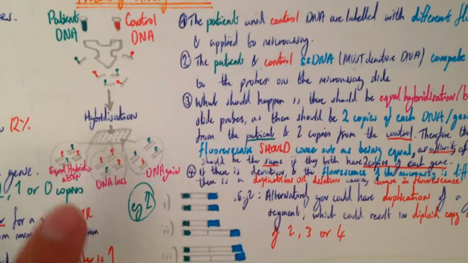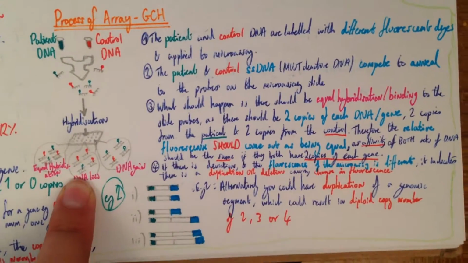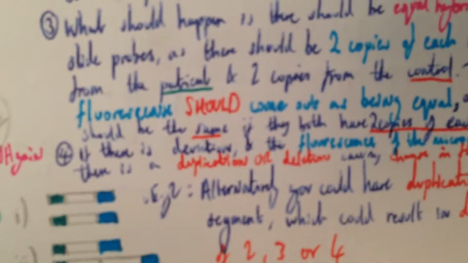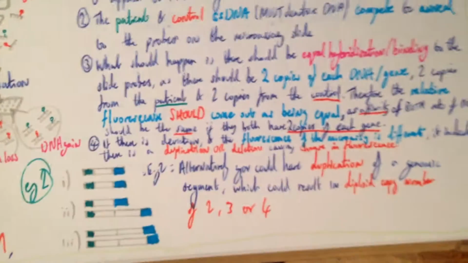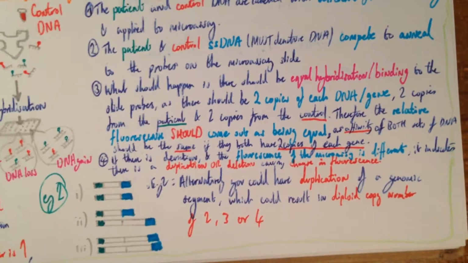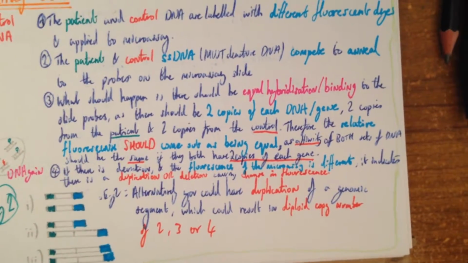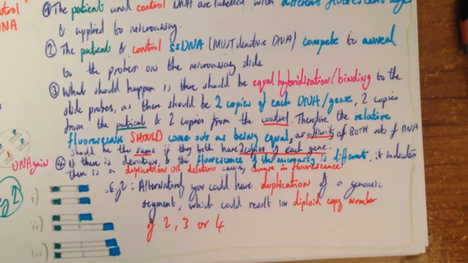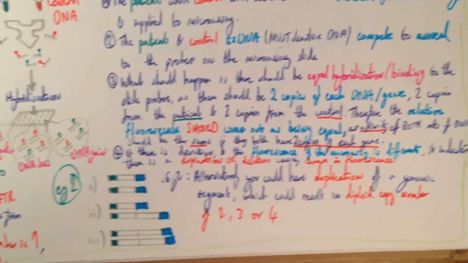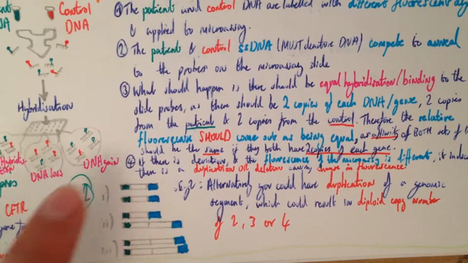However, if there is deviation, and the fluorescence of the microarray is different, it indicates there is a duplication or a deletion, causing the change in fluorescence. So, for example, there may be DNA loss or DNA gain.